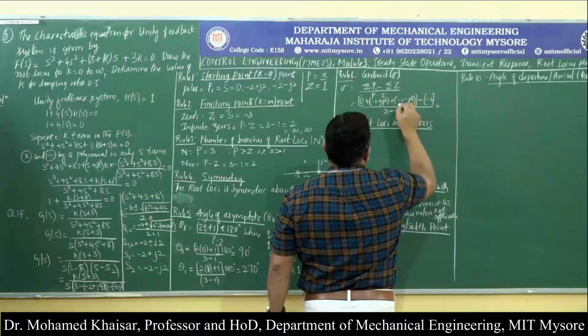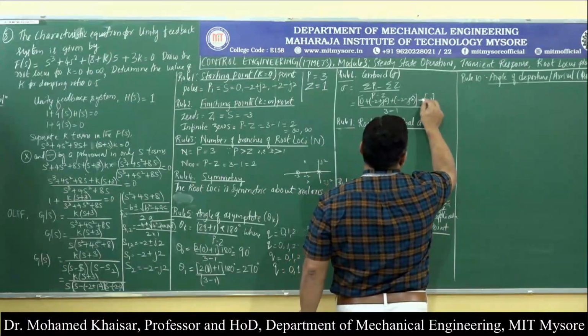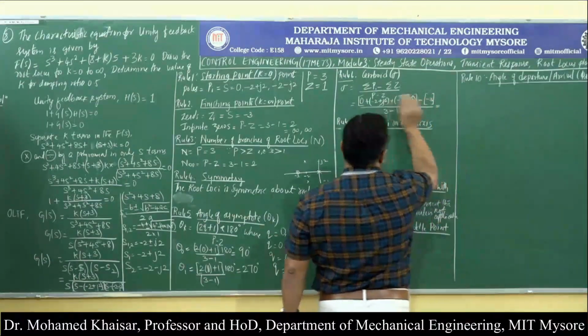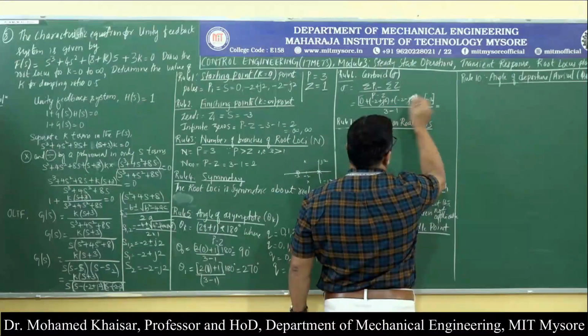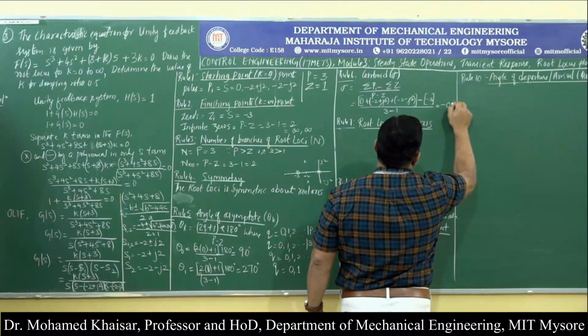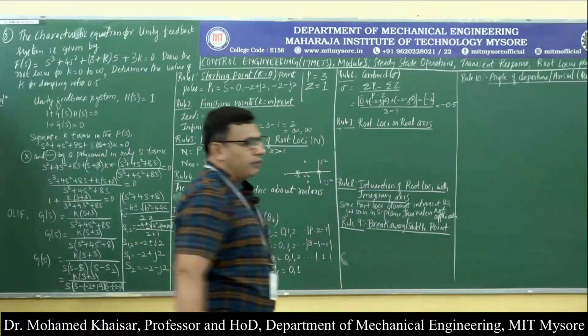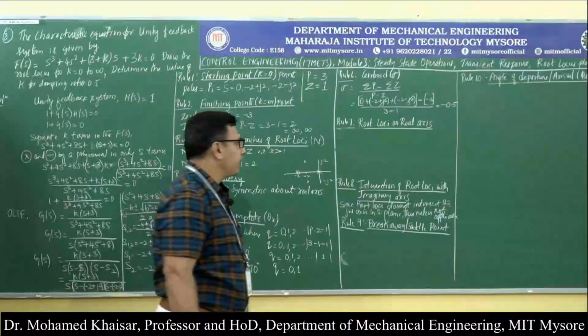So, plus j2 minus j2 goes, minus 2 minus 2 is minus 4, minus 4 minus of minus 3 is plus 3, minus 4 plus 3 is minus 1, minus 1 divided by 3 minus 1 which is 2, minus 1 by 2 is minus 0.5. So, the centroid exists at minus 0.5 on the negative real axis.